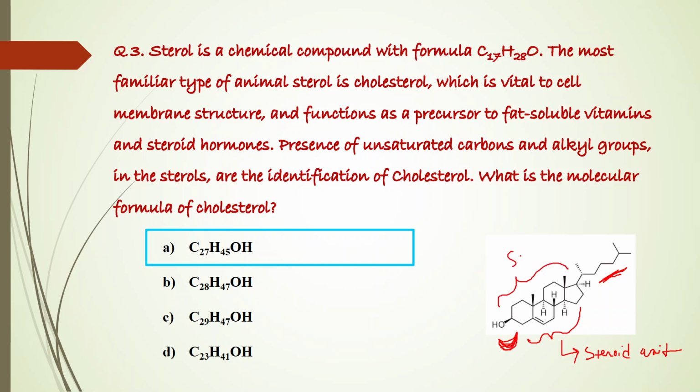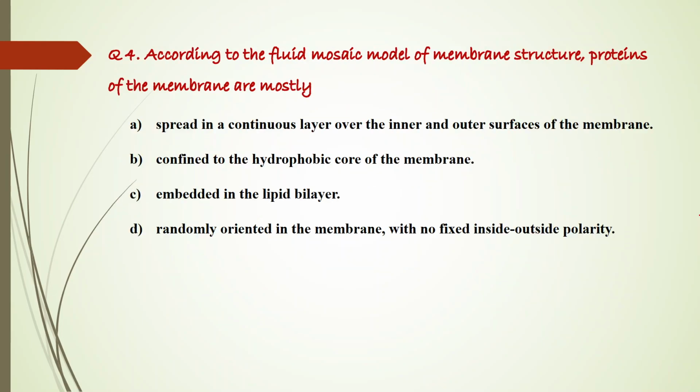That formula is C17H27OH. Now that you are adding the other molecules, that is ending up with C27H45OH. So this was an easy question. You can just look at the structure and then write down the formula. I will not discuss much about it.